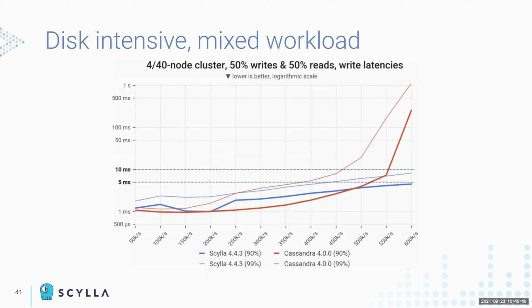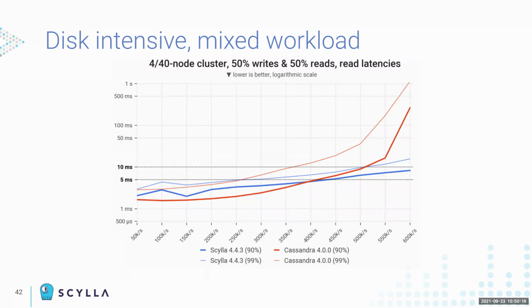All those latency numbers are below 10 milliseconds for 99 percentile latency, and for the 90 percentile latency, they are below 5 milliseconds. While we see that at the latter part of this graph, Cassandra is struggling. It's maybe becoming a bit overloaded by this increased throughput.